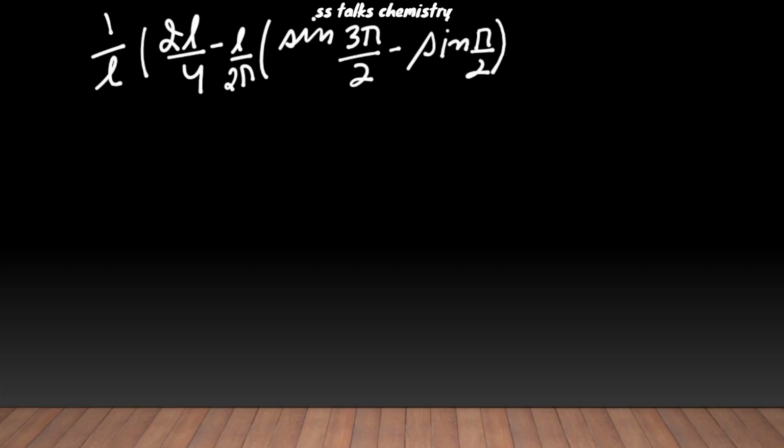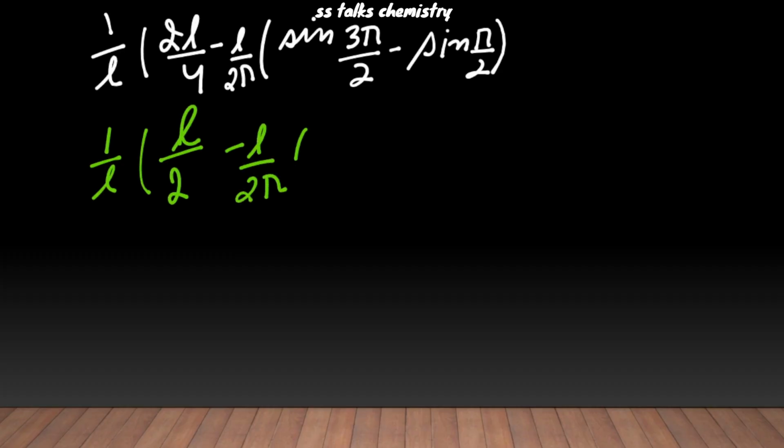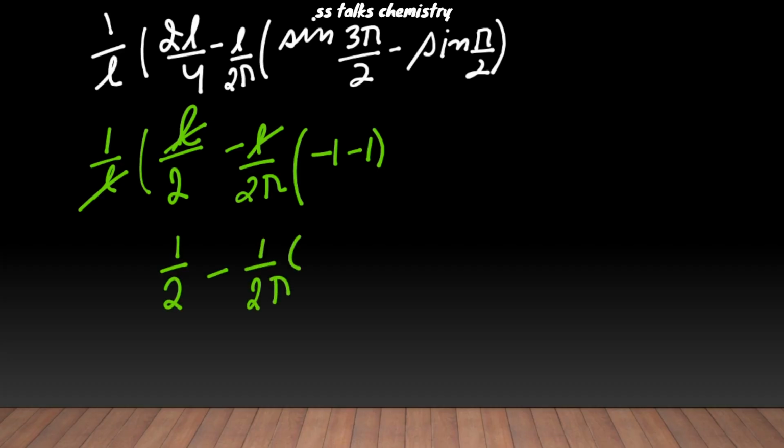We will be getting that here 1 by L into 1 by 2 into L minus L upon 2 pi. Now sine 3 pi by 2 is minus 1 and sine 90 is 1. So this becomes minus 2 over here. This L term will get cancelled from both. So it becomes 1 by 2 minus 1 by 2 pi into the 2.